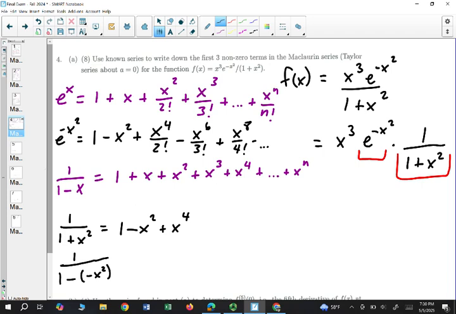And now negative x squared cubed, that'll be a negative x to the 6th. And then plus x to the 8th. And then minus ... and then these signs will alternate and you see the pattern.